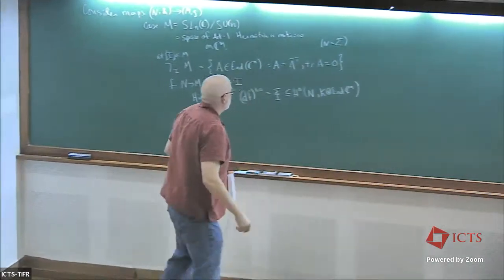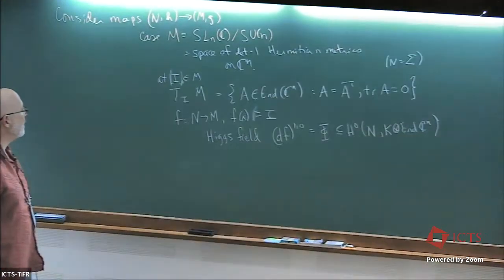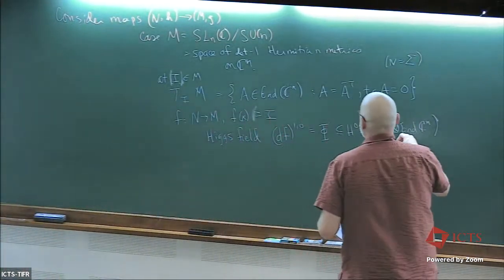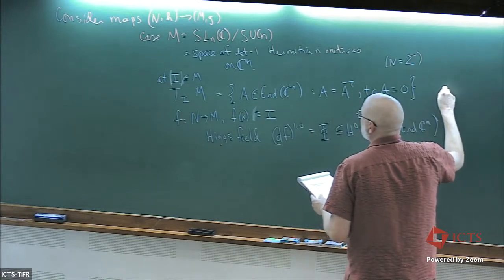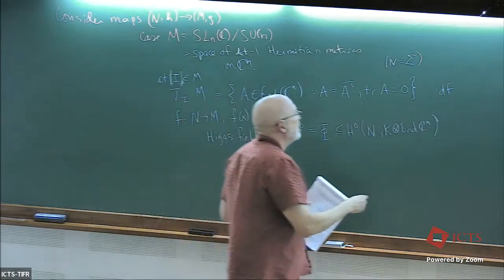So this is going to be the following criterion here. One thing to note is that this is df, so this is going to be the map f, of course.